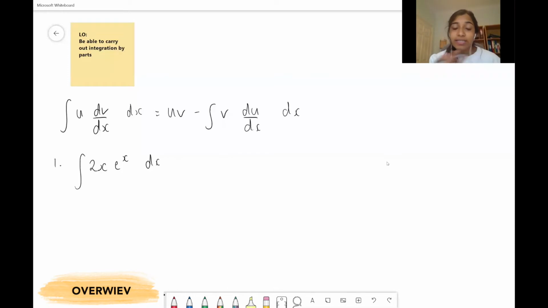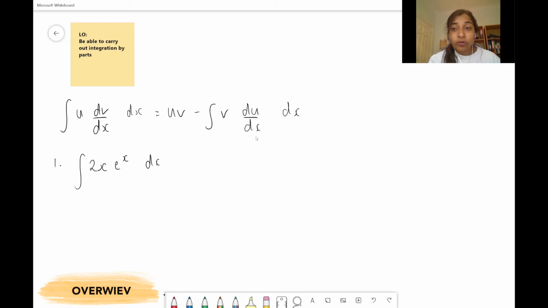So you can use integration by parts when you have two different functions of x, and you can't use integration by substitution. So if these look really different and you're like, oh, one can't be the derivative of another, the reverse chain rule won't work, substitution doesn't seem possible, then you use integration by parts.